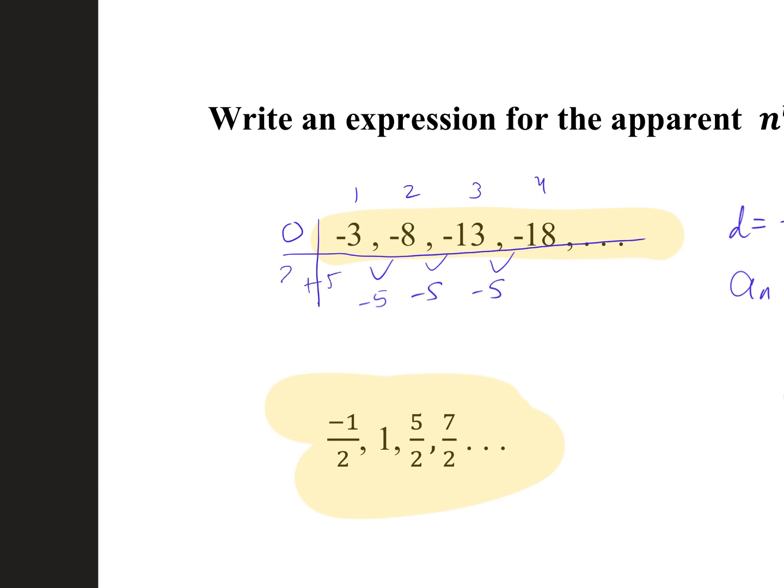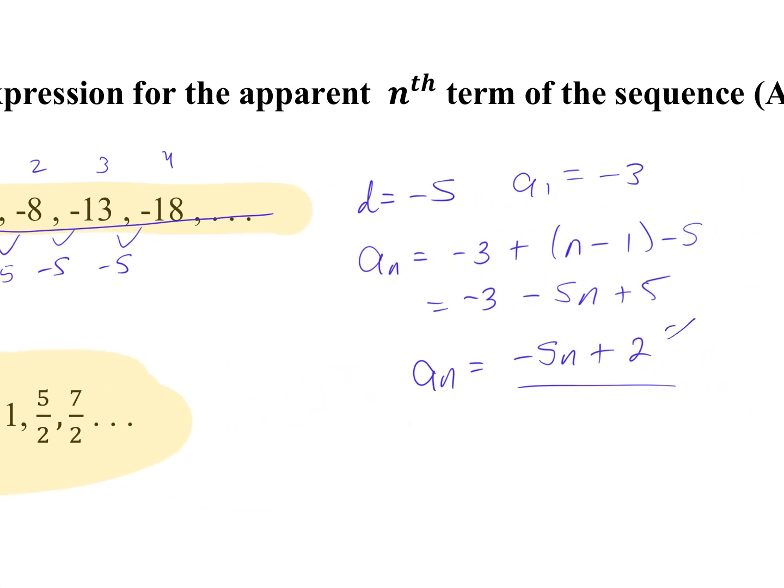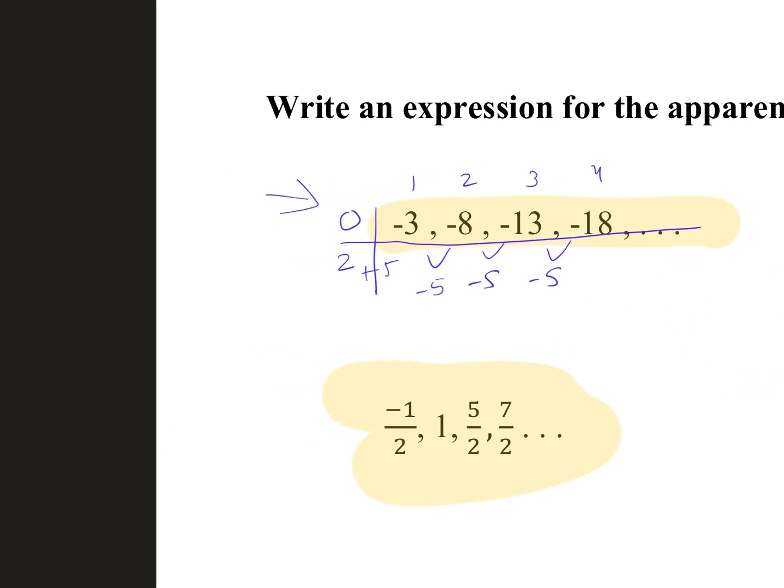So -3 plus 5 is 2, which is right there, your intercept. Either way you do that is fine, just as long as you show me. Do you see? This is a tiny little bit of work right here to show me, oh, I see what they did. They went backwards, right? You found the 0 term. That's fine. Now, once you find that, if you were asked to find the 175th term, then you just do what? Plug in 175.